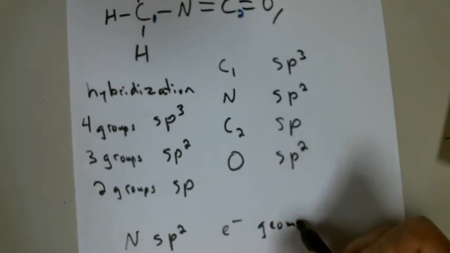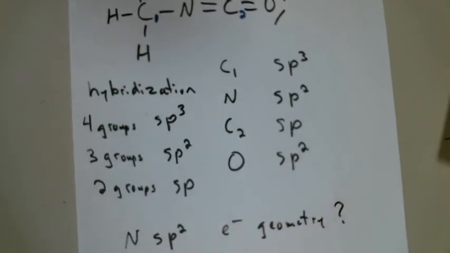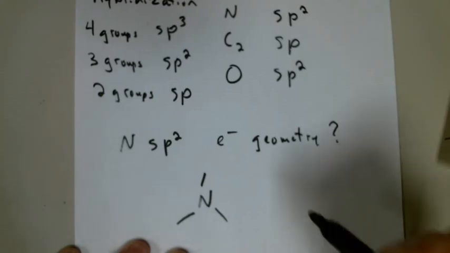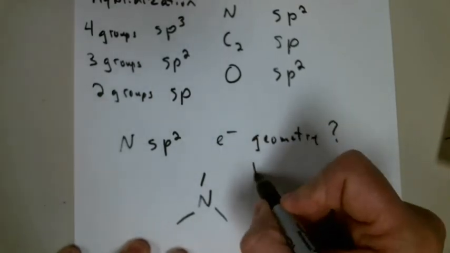What would the electron geometry be if it's sp2? There's 3 things, so 3 things as far apart as possible, in a flat plane.